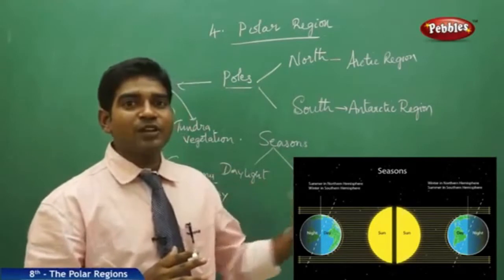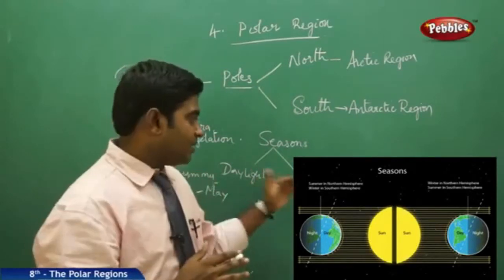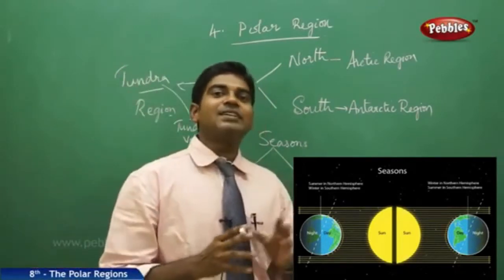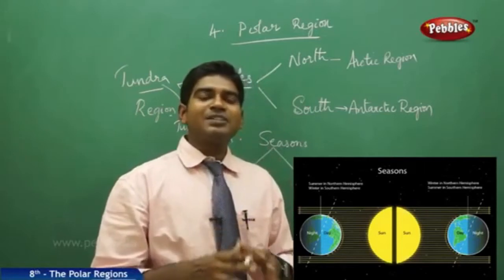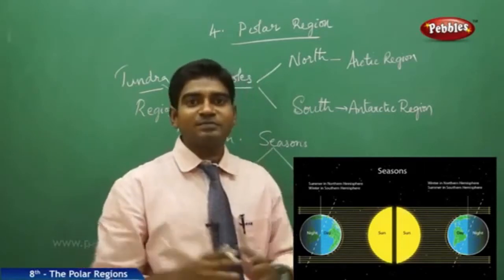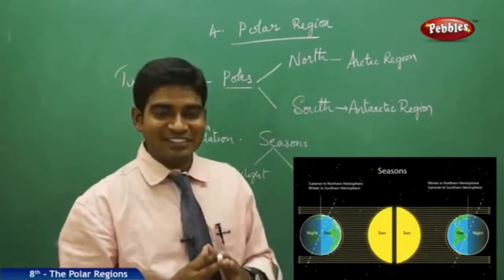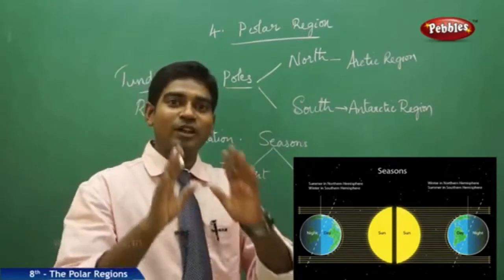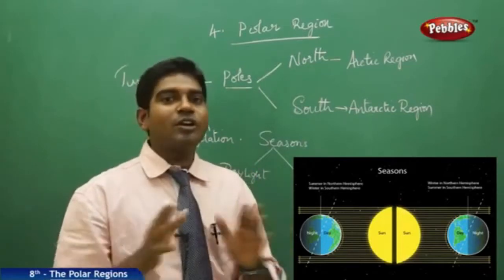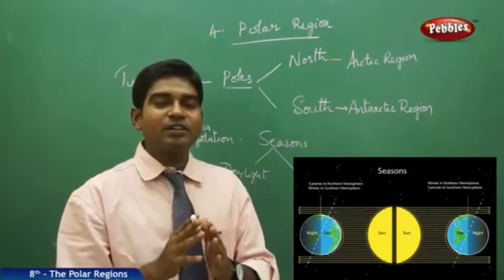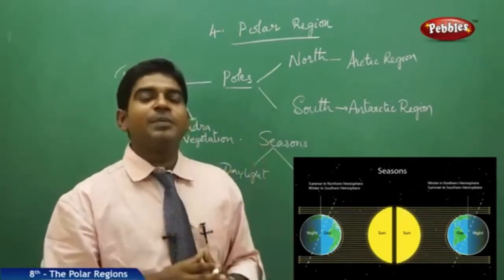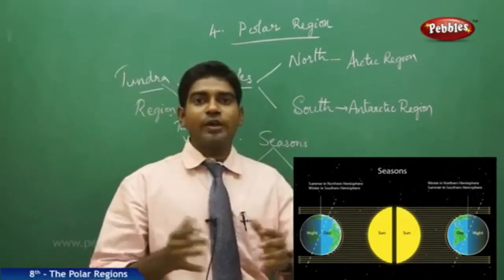And what happens in winter? In winter, the sun doesn't appear at all. It remains completely cold and frozen. Yes, what you heard is correct. All the water bodies turn into ice because of the extreme coldness.